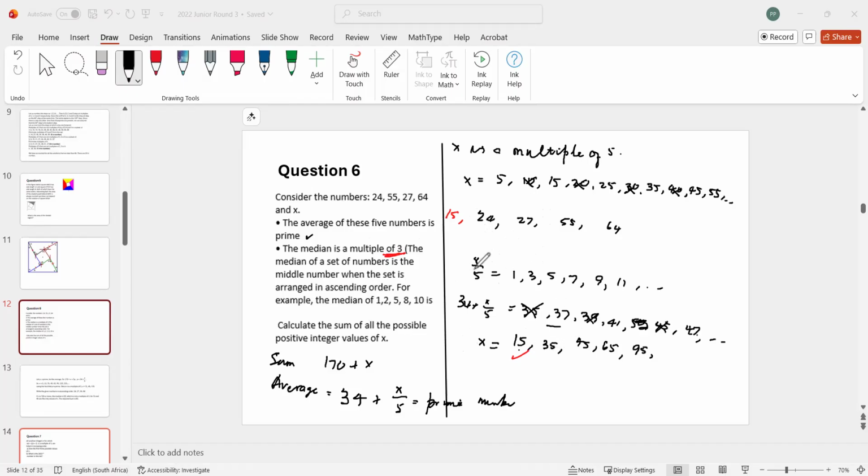If x is 35, then you've got the 35, 34 plus 7 is 41. So 41 becomes a median. But that's not allowed because the median is a multiple of 3. So this is out.